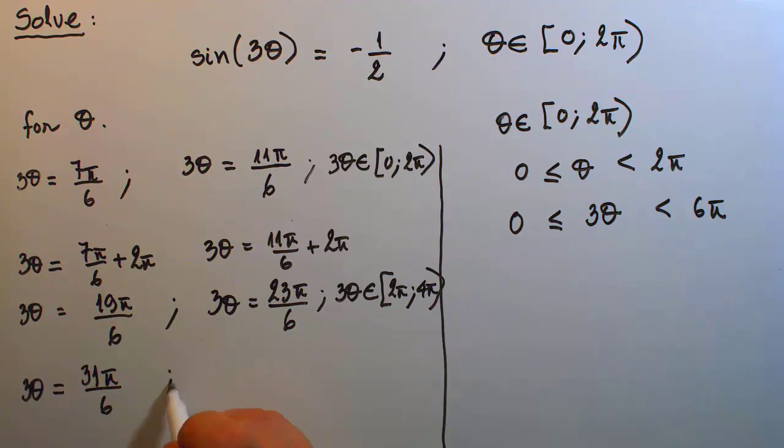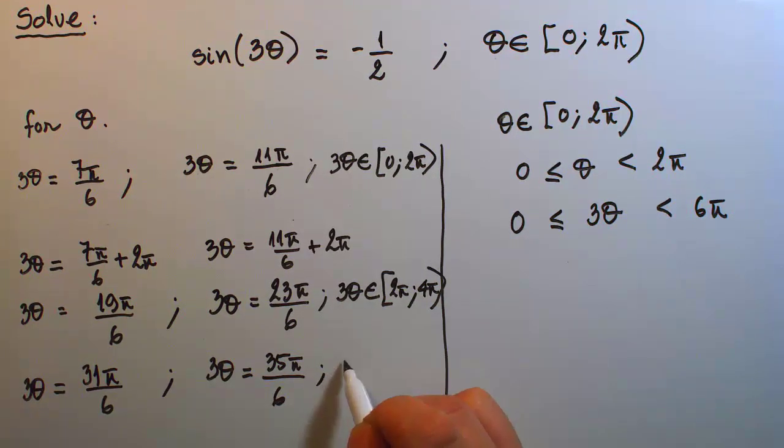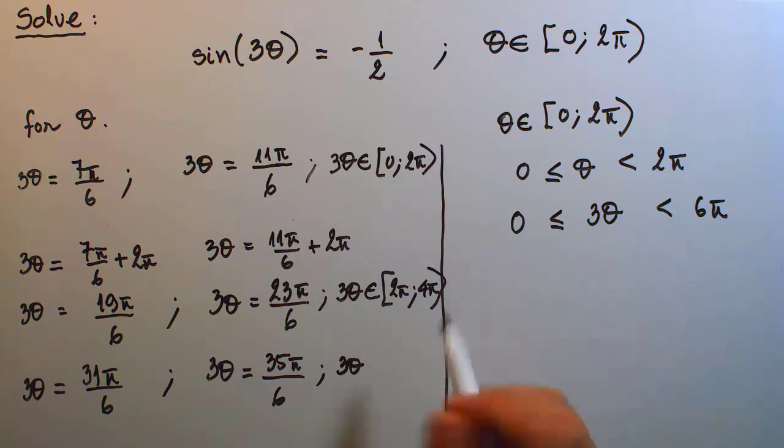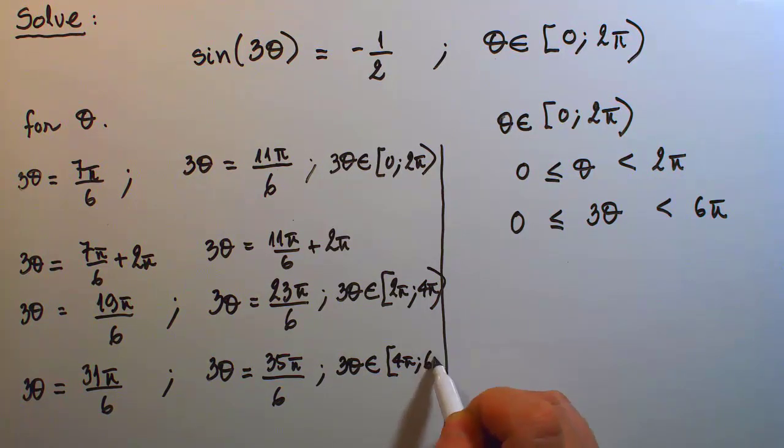And the next value for 3 theta is from 23 pi over 6. I am going to add another 2 pi, and that gives me 35 pi over 6. And these 2 new solutions which just came out indicate the values where 3 theta is in the interval between 4 pi and 6 pi.